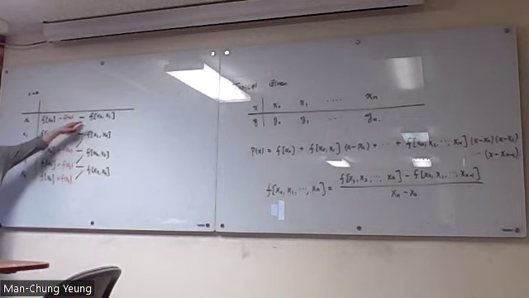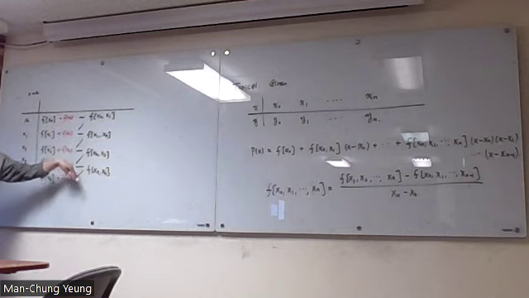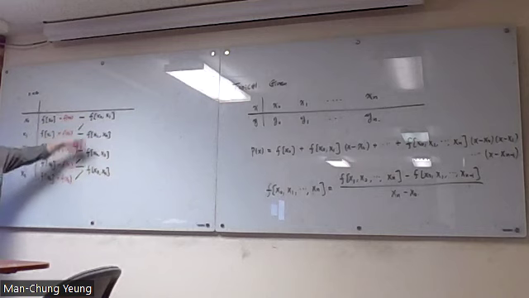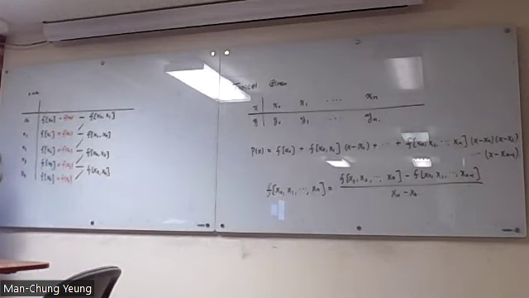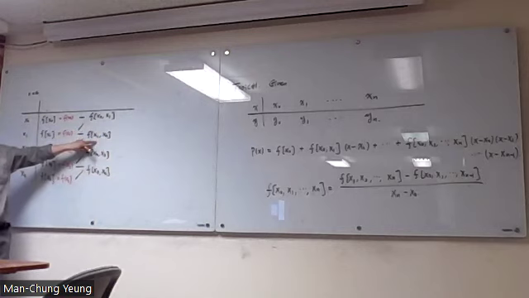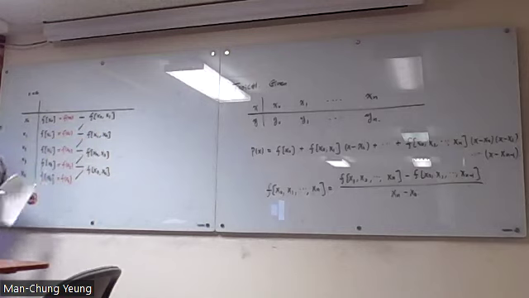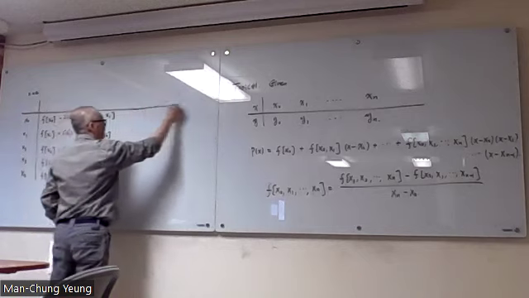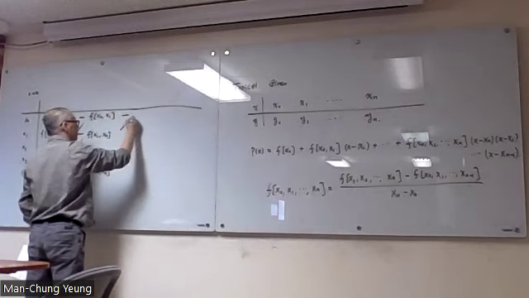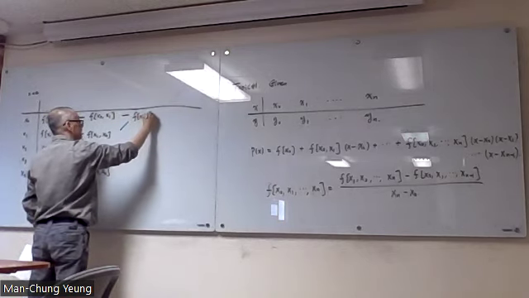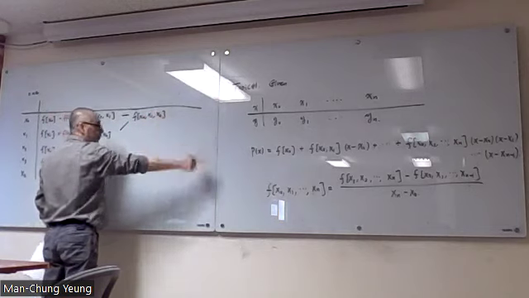Because the computations in the third column are independent, we can compute these entries at the same time. Now, from these two values, which are numbers, by the formula I can compute f[x0, x1, x2].